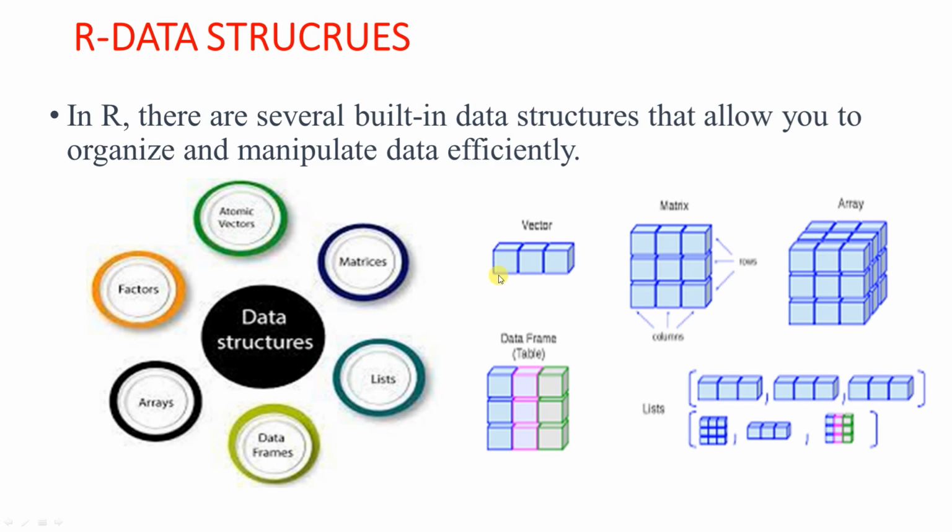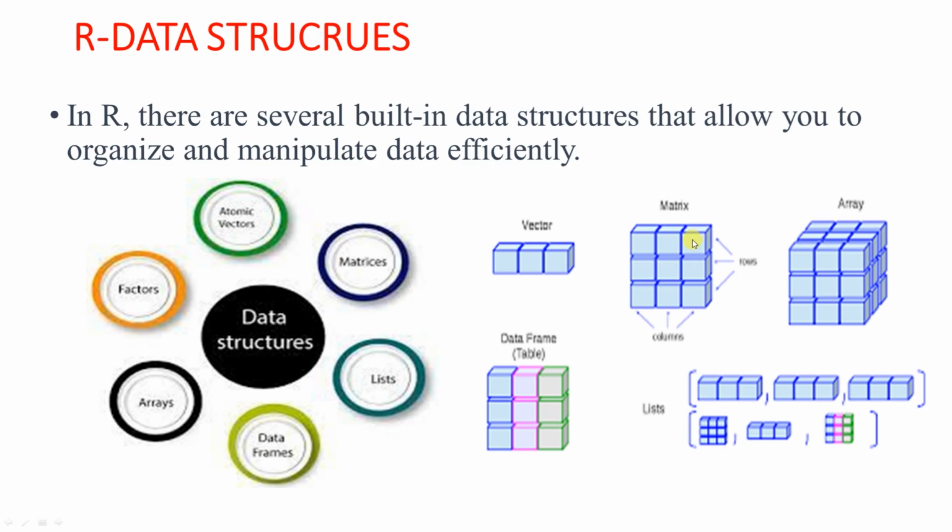The second type of data structure is the matrix. A matrix contains two dimensions. The first dimension is called rows and the second dimension is called columns. The first box we can refer to as 1 1, the second box, first row second column, 1 2, and the third box, first row third column, 1 3.